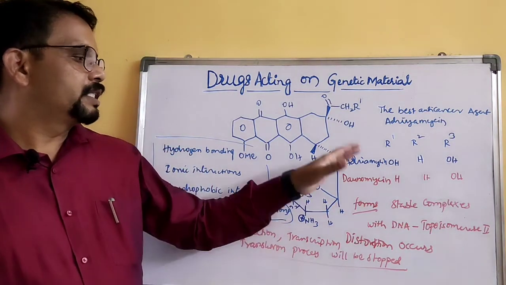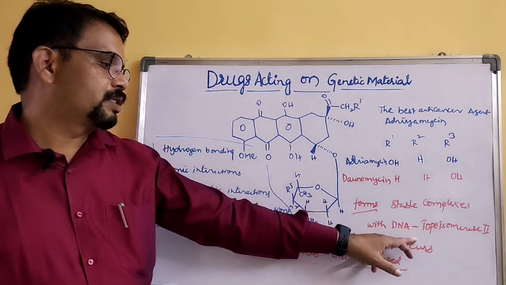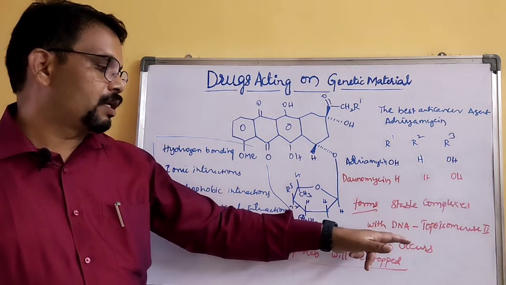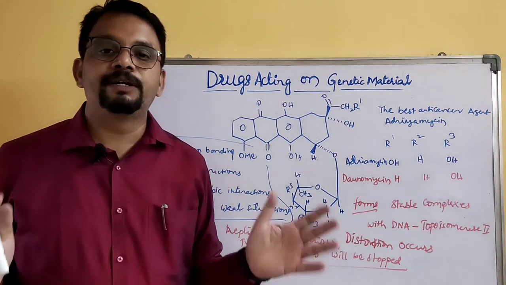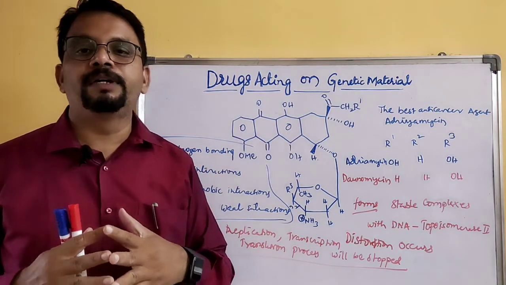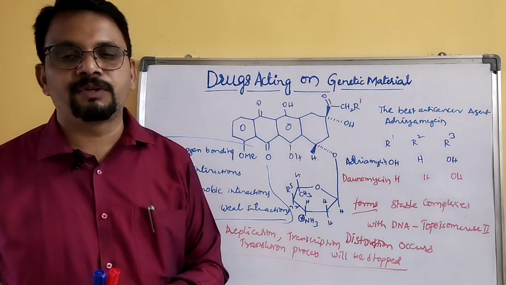These drugs stabilize the DNA and topoisomerase complex in the DNA double helix strands for a long time. Because of that, those processes will be inhibited and the infected cells will be destroyed.